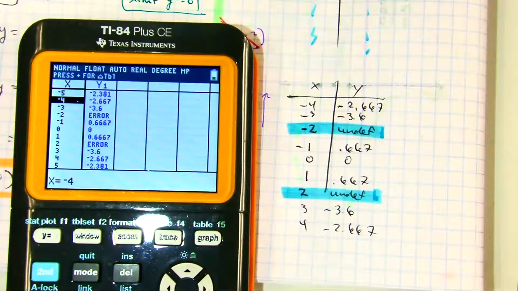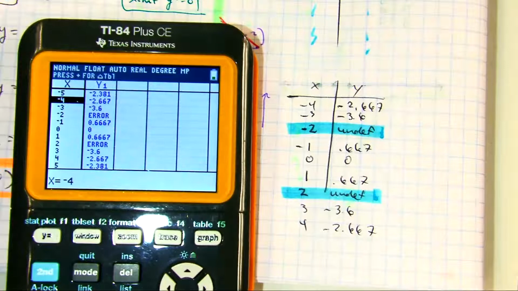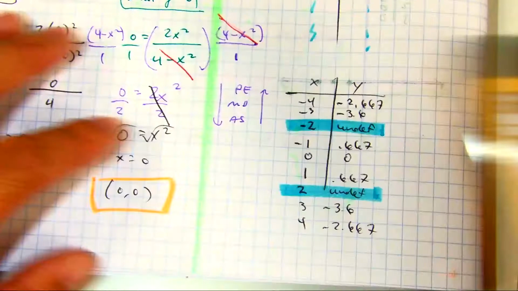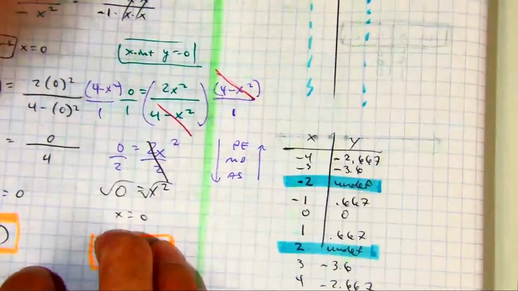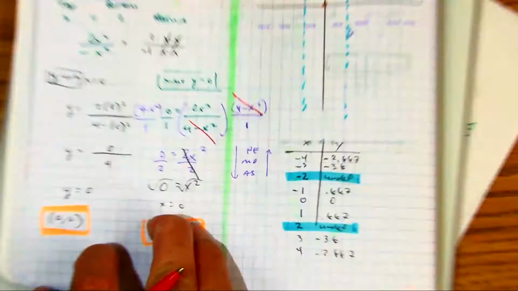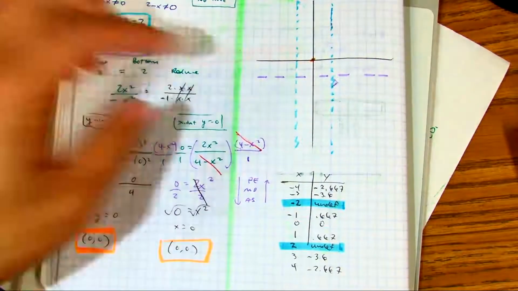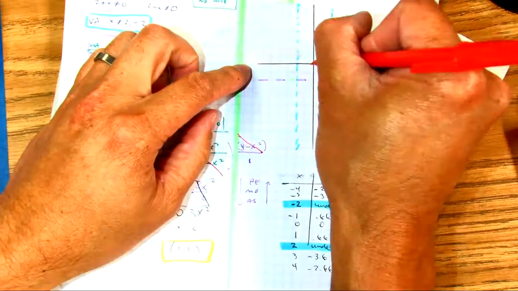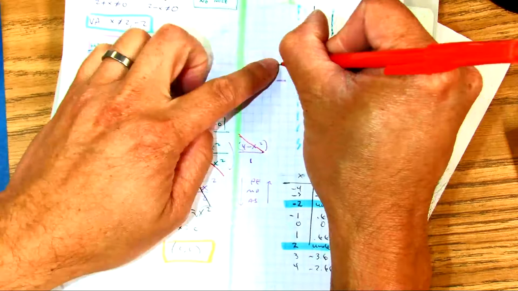Okay, what do I do with that now? I just graph it. Okay, -4, 1, 2, 3, 4, and then -2.667.